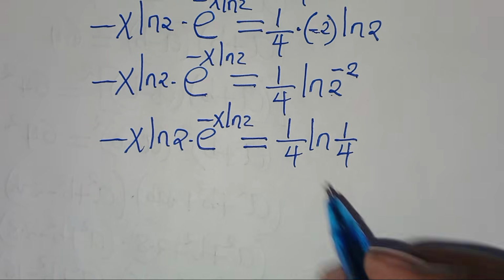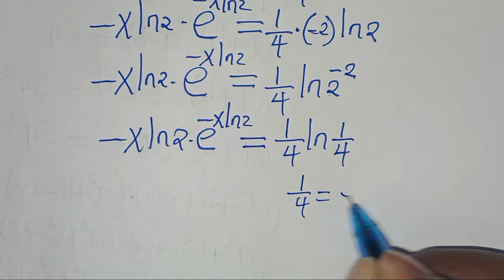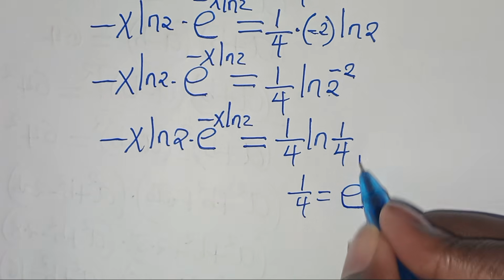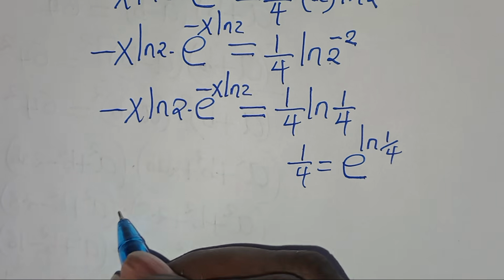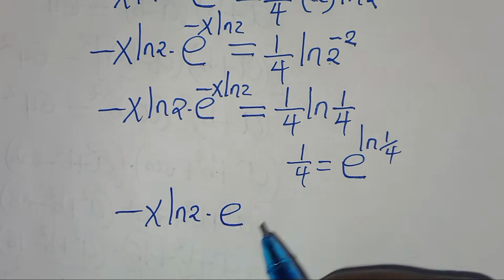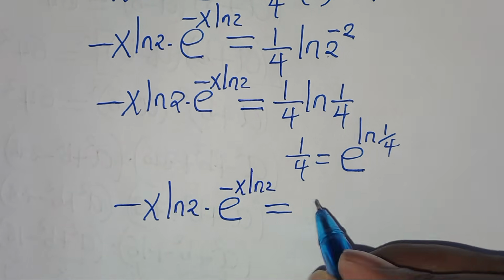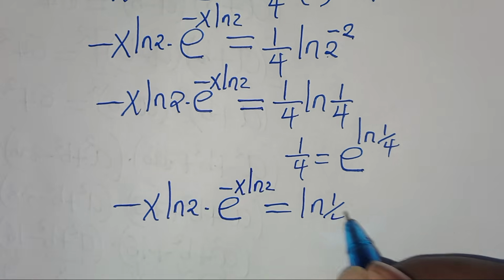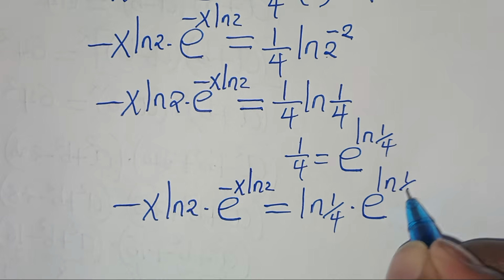Now, the next step, we can express 1 over 4 as exponent e to the power of ln of 1 over 4. So we have minus x ln of 2 times exponent e to the power of minus x ln of 2, equal to ln of 1 over 4 multiplied by exponent e to the power of ln of 1 over 4.